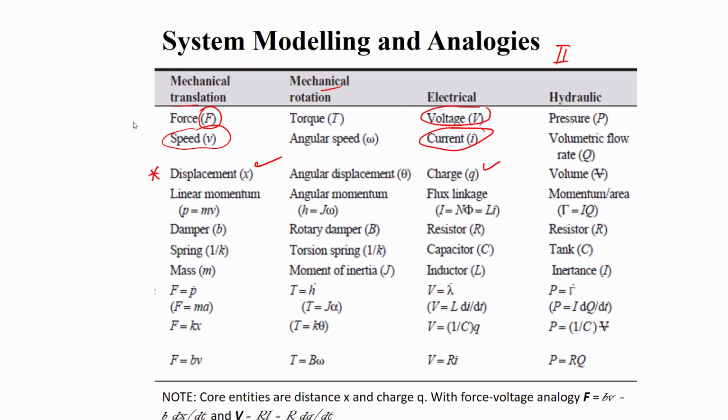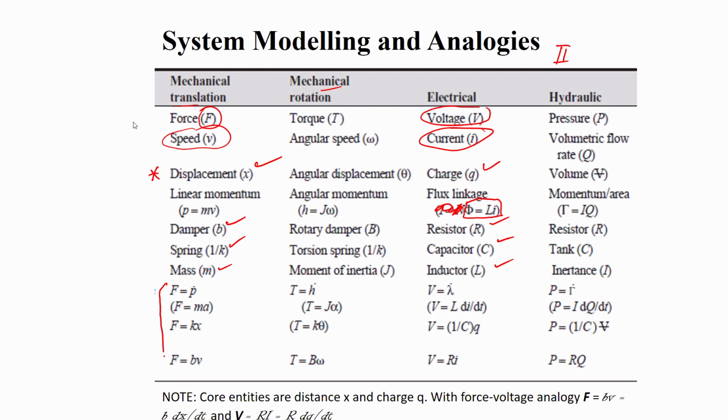In rotational, you will see angle theta. In the hydraulic, you will see the volume. Linear momentum, P is equal to mv, and the flux linkage phi is essentially Li. Okay, so if we were to do this one again, damper directly replaced by a resistor, spring constant directly replaced by a capacitor, mass replaced by an inductor.